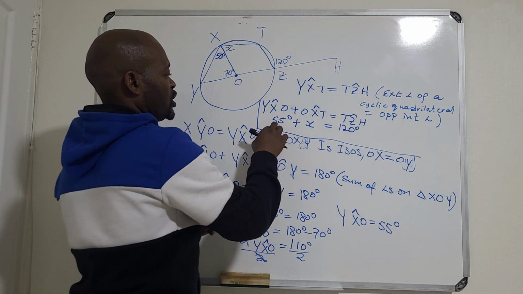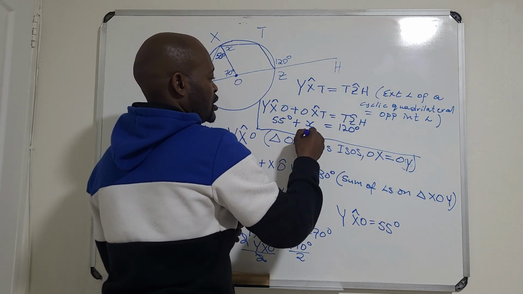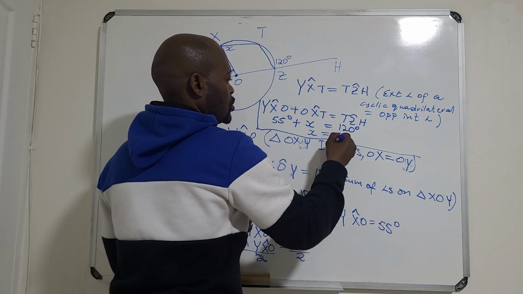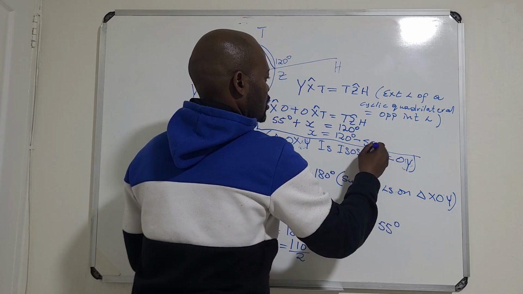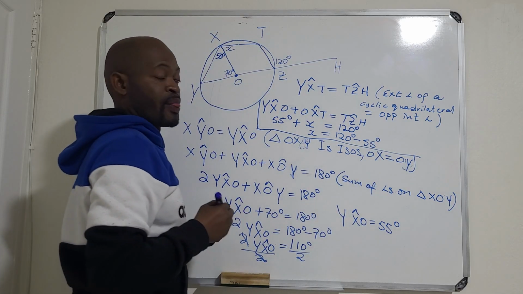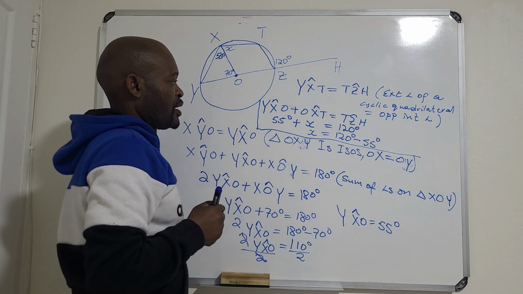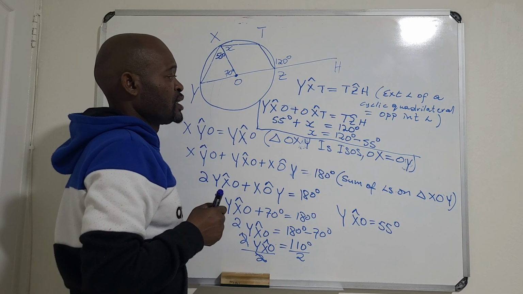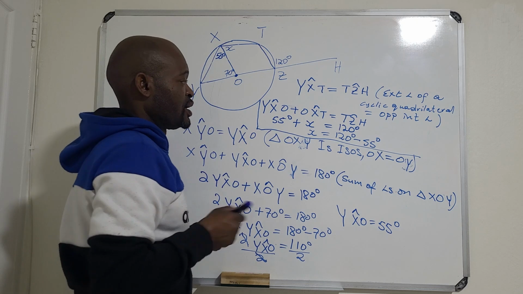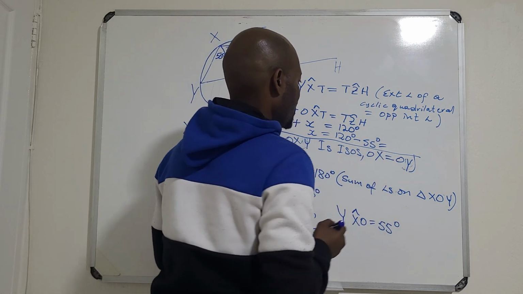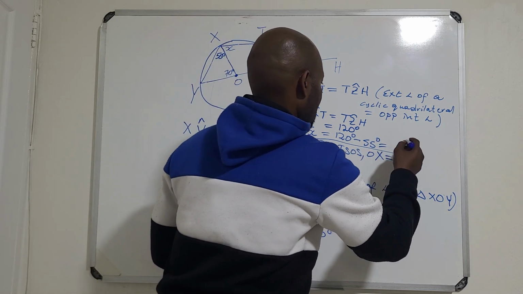Now, we take this to that side. X is equal to 120 degrees minus 55. Now, 120 degrees minus 55 is the same as 65.